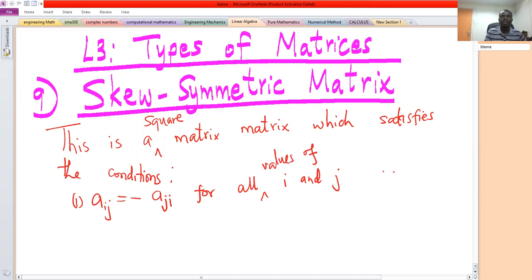So this means that A transpose is the same as negative A, if you're referring to the matrix A.